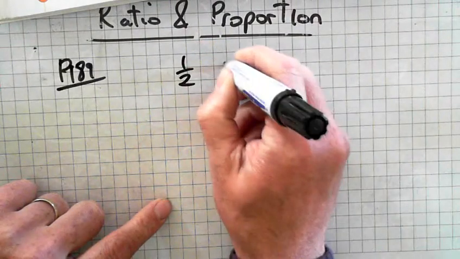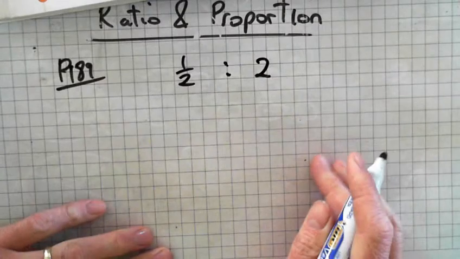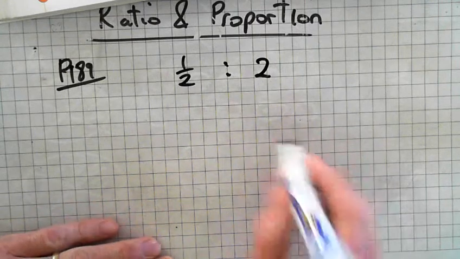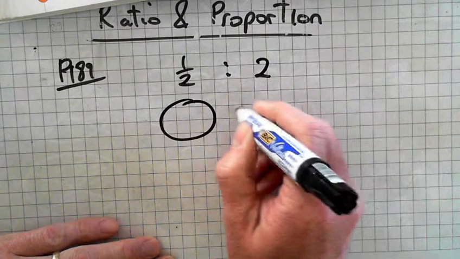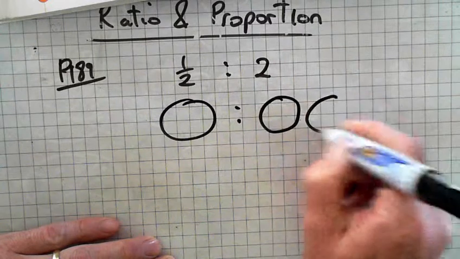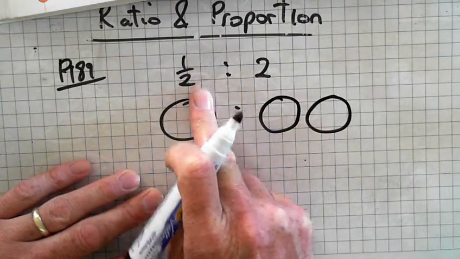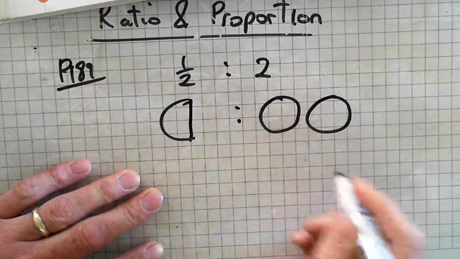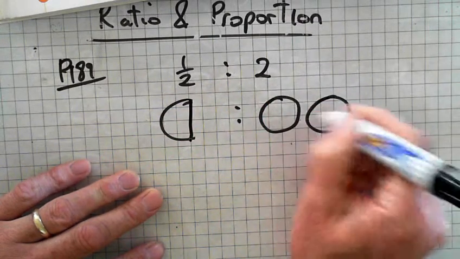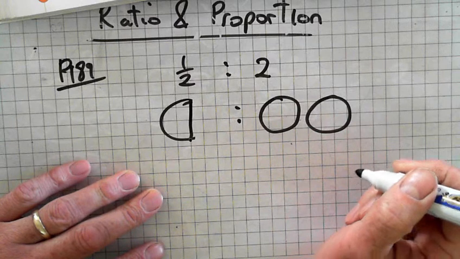Alright, so we've got a half and we've got 2. We'll do it in terms of cakes. How much of a cake do I have on this side? Half a cake. And here we have 2 cakes, don't we?